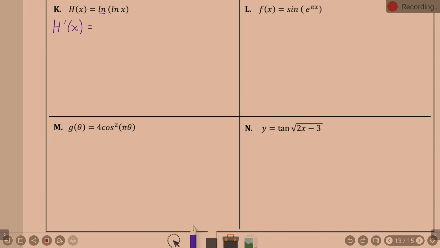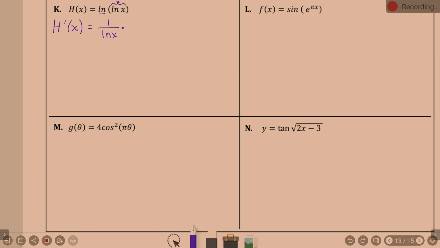What's the derivative of natural log of something? 1 over something, right? We normally say what's the derivative of natural log of x, and you guys tell me 1 over x. So what's the derivative of natural log of something? 1 over something. What's in place of the x? Yeah, this whole thing is in place of x, so natural log of x. So derivative of natural log of something is 1 over the something.